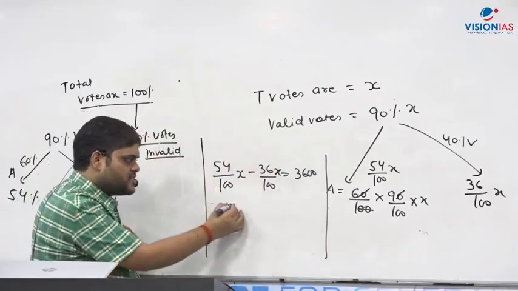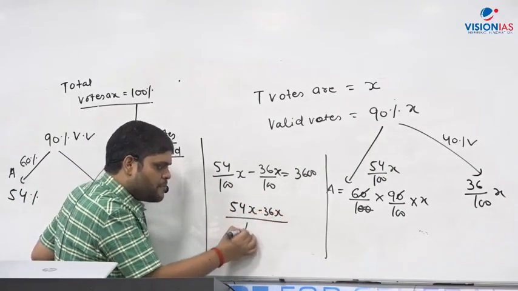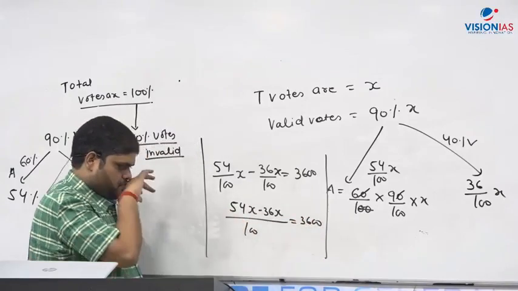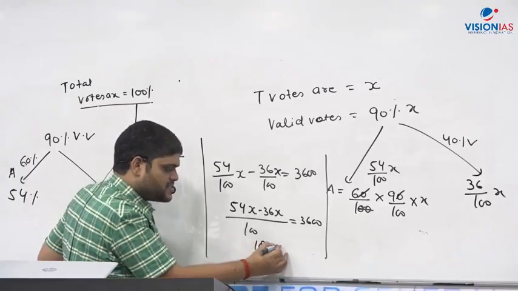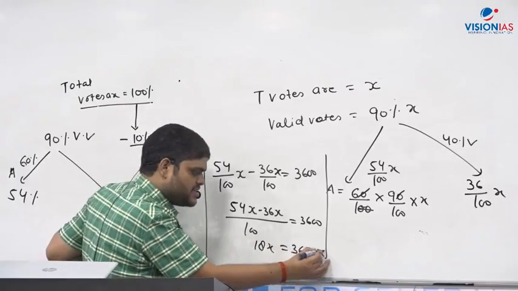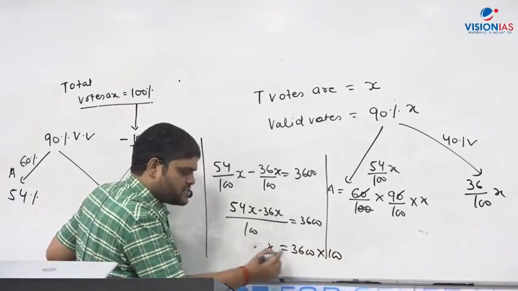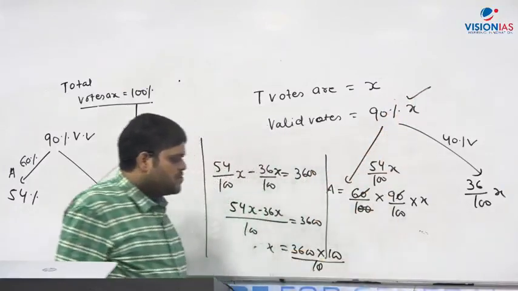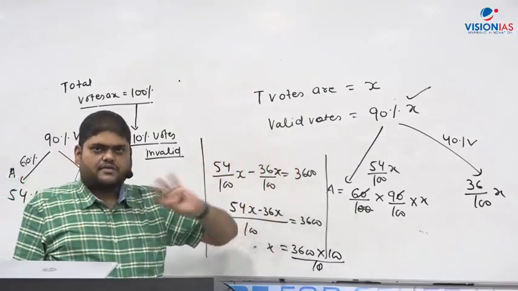We can solve this. 54x minus 36x upon 100 is equal to 3600. This becomes 18x equals 3600 into 100. Now you can find the value of x by dividing by 18. This is by X method. You can solve this.